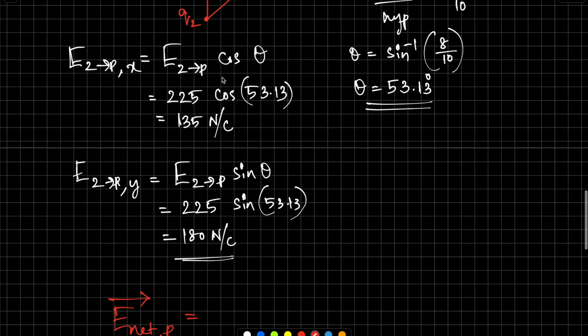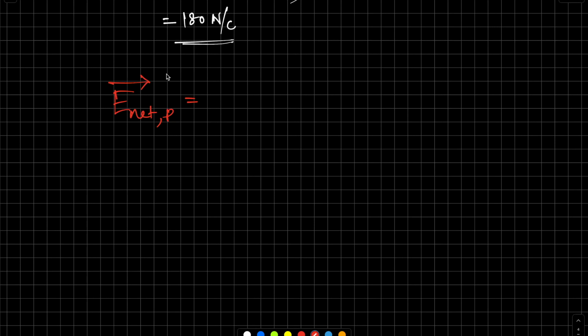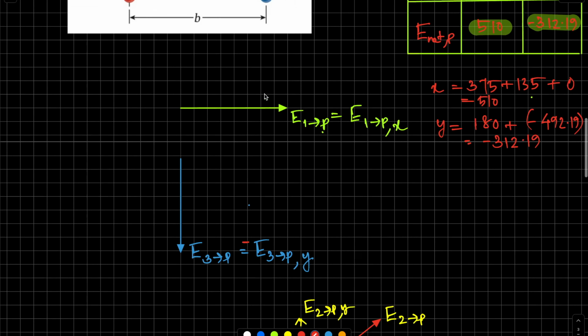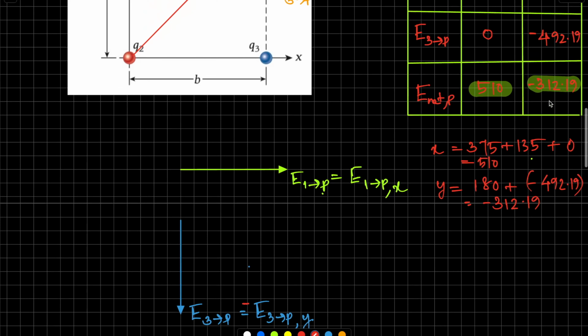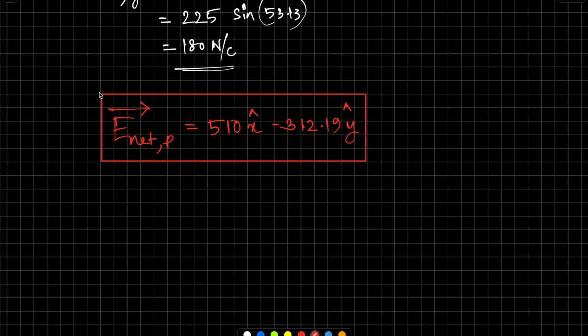How do you write that vector? 510, that's the x component, multiplied by the unit vector on the x-axis, which is x cap, plus minus 312.19, which is minus 312.19 y cap. Okay, so this is our vector.